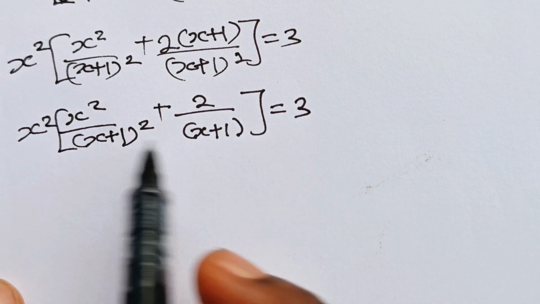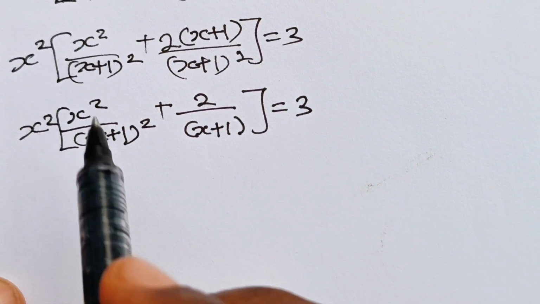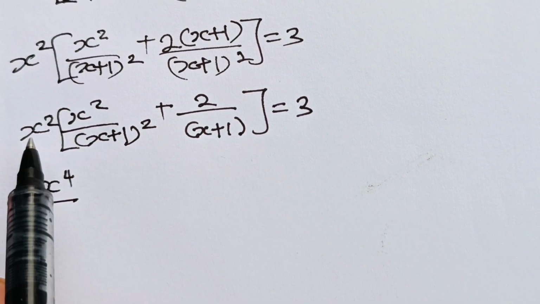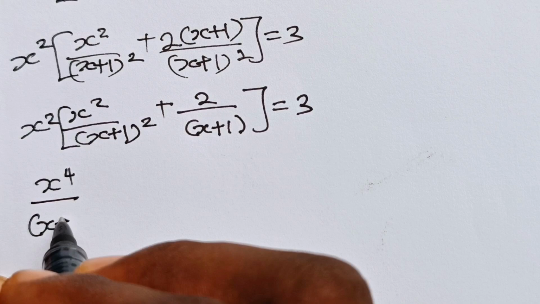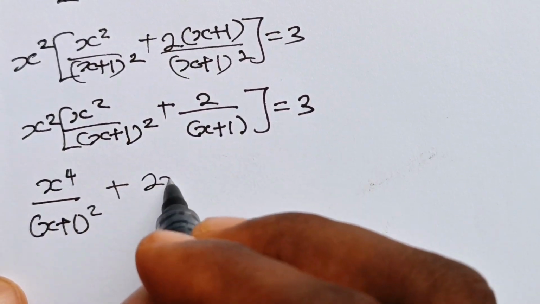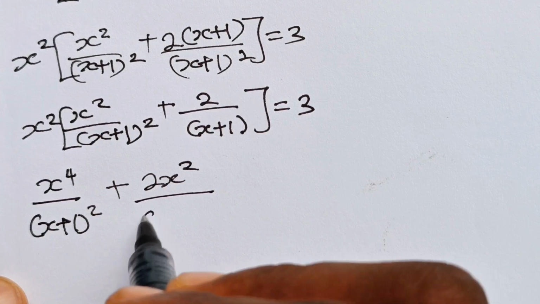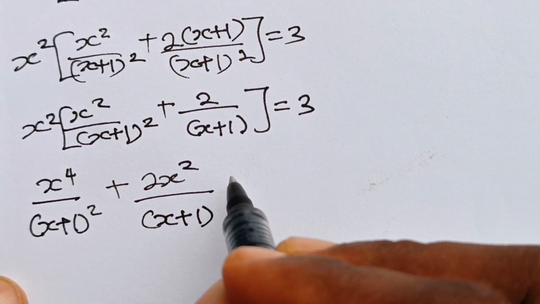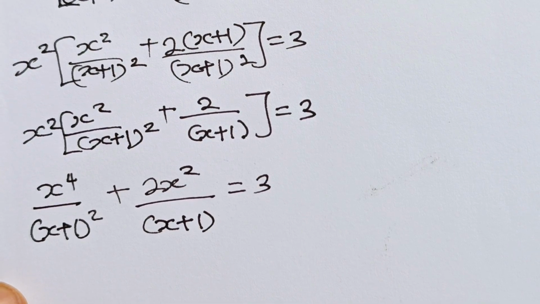Now let's open this bracket. So x squared times x squared will give us x to the power of 4 divided by x plus 1 squared, right? Plus 2 times x squared will give us 2x squared divided by x plus 1 alone, and this is equal to 3.